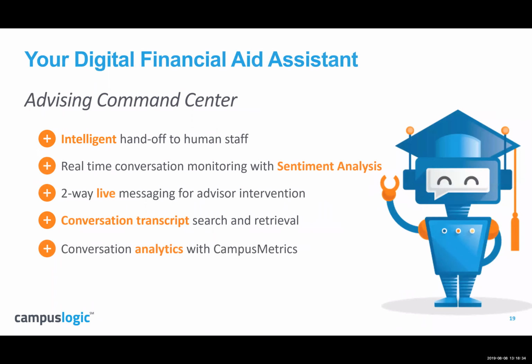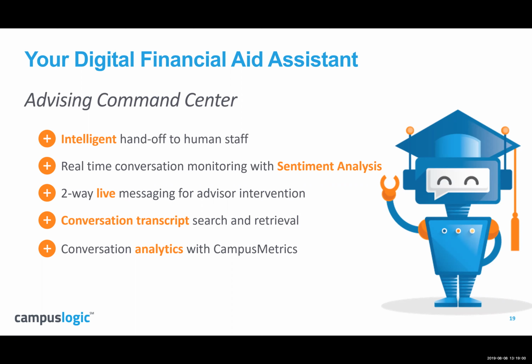The second major feature of the Virtual Advisor is an advising command center. And what we mean by that is we actually believe that your AI works best when it works in concert with your staff. So giving your staff the ability to monitor these conversations and have intelligent handoffs to humans when it makes sense.